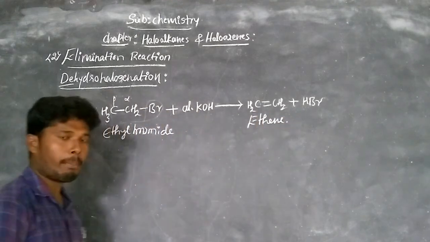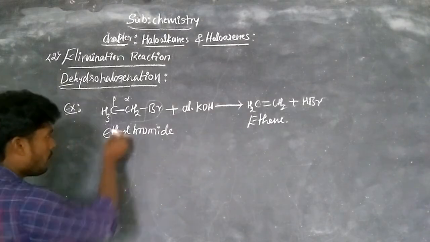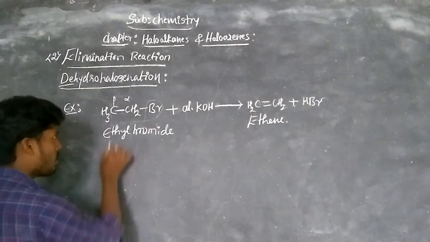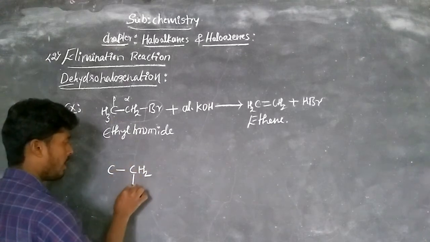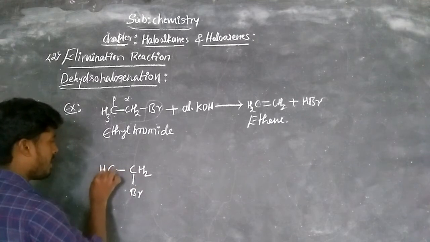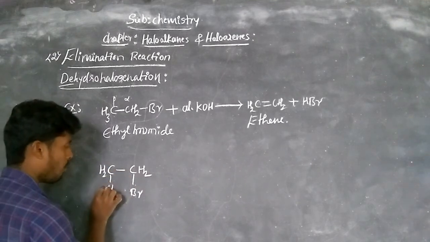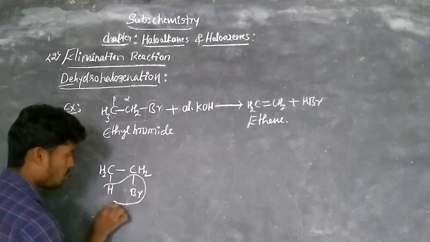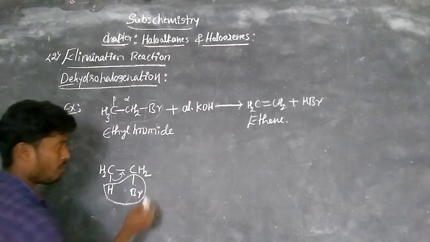This is one of the methods to prepare alkenes from alkyl halides. Now observe, this can be explained simply like this. It can be written as CH2 bonded to Br, and here CH2 bonded to one hydrogen. Now this hydrogen and this Br become HBr and the bond is formed here. So what do you get?